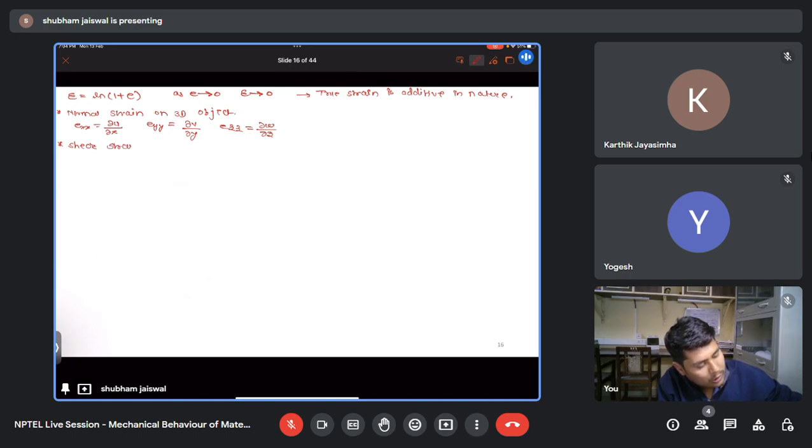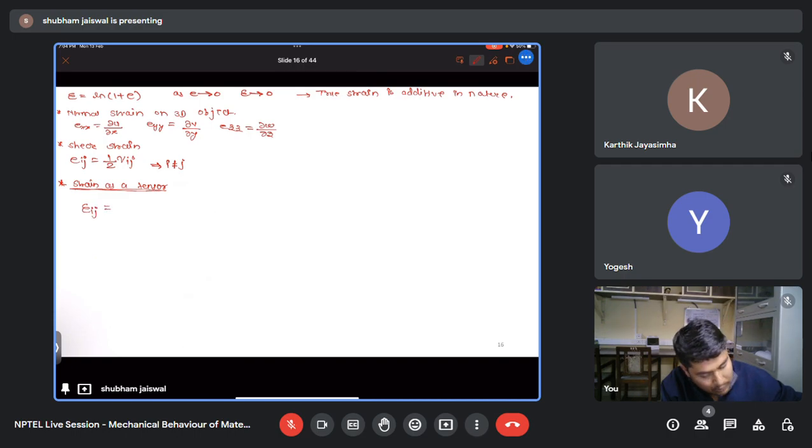Shear strain, I will simply represent as epsilon ij equal to half of gamma ij. Here, for the shear strain condition, i is not equal to j. Then we have also seen strain as a tensor, that is how we can represent strain in the form of a matrix.